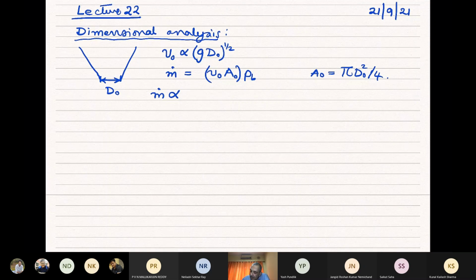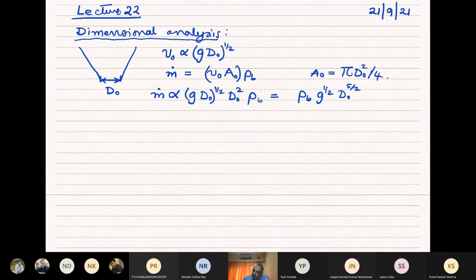So instead of V0, we'll write (g d0) raised to the power of half, then A0 I'll just write as d0 squared, times rho B. So this is just equal to rho B into g raised to the power of half and d0 raised to the power of 5 by 2. So dimensional analysis tells us that mass flow rate should be proportional to the diameter of the orifice raised to the power of 5 by 2.